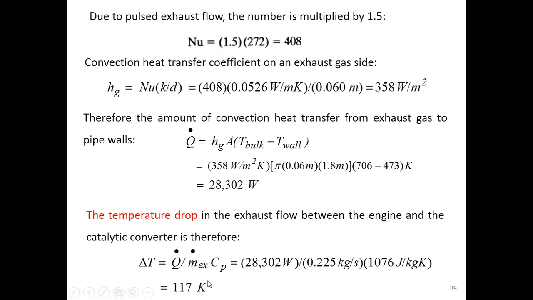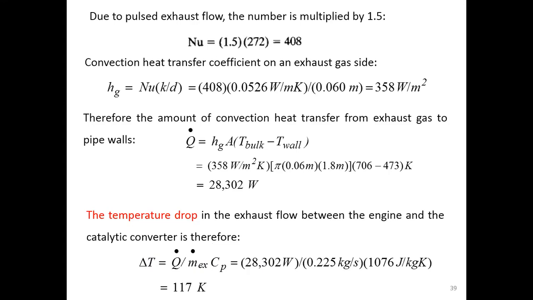And what we found is what? Delta T, with the same amount of heat, divided by the exhaust mass divided by Cp of the exhaust, comes up to be 117 Kelvin. So this heat is the convective heat between the gas and the wall. It is the same amount of heat that happens in the gas, because it transfers from the gas to the wall.